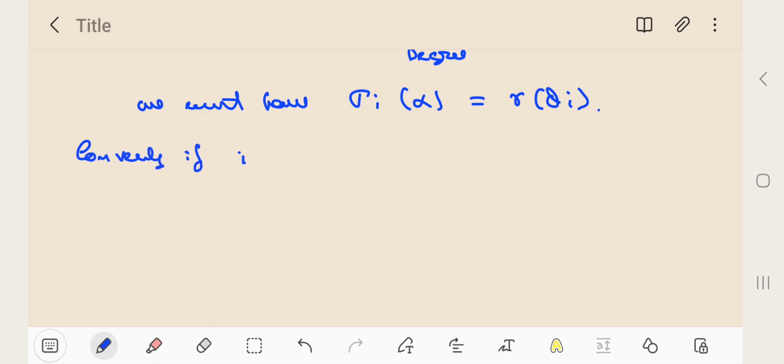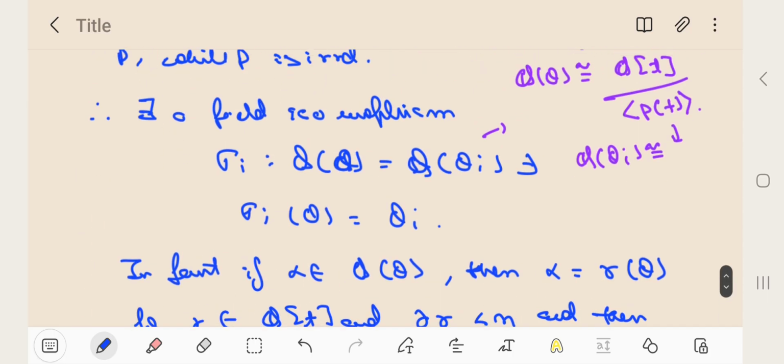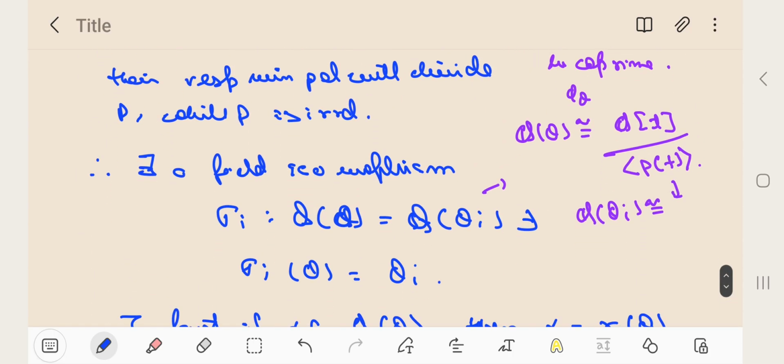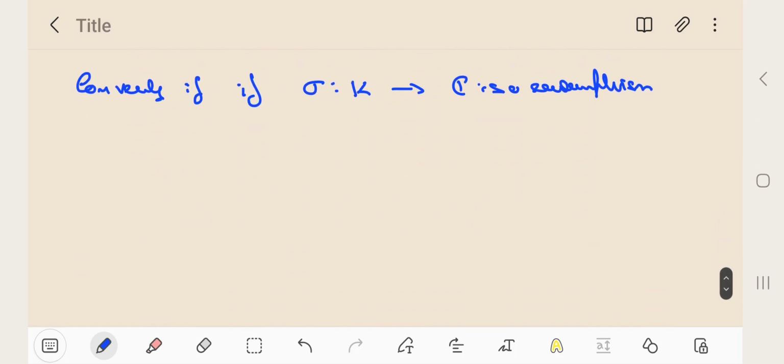And what can I say about the converse? Conversely, if sigma from K to C is a monomorphism. Now, why is it a monomorphism? If you haven't seen it yet, I'll just explain it. It is a monomorphism because this is a field. We have got a field homomorphism, and this is always injective, even if we extend the codomain, right? I need injectivity for embedding, since monomorphism simply means injective homomorphism.